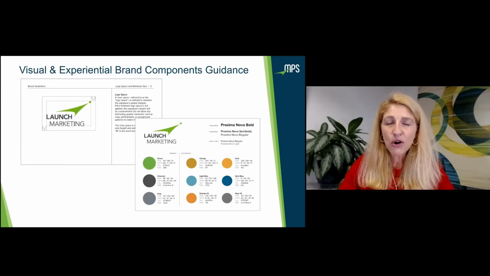And then the second part is that visual component of the experiential brand components. And that really shows how to display, print, or position the elements that we reviewed in our last session. And those were the logo. So you want to talk about usage or any variations on the logo. It'll talk about the font or fonts that should be used.